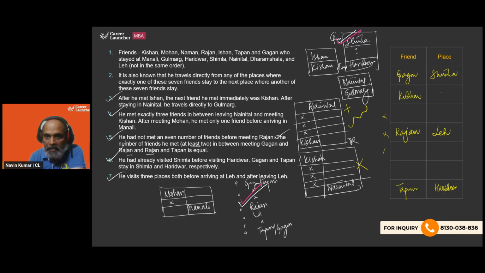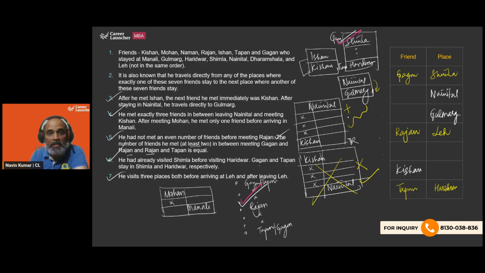Then 3 blank spaces, and this is going to be Nainital. If we use this, but right below Nainital, we need Gulmarg. So this is discarded. So we have got only one possibility here, which is going to be Nainital here, and 1, 2, 3 places, and then we will have Kishan here. Right beneath Nainital, we need to have Gulmarg.